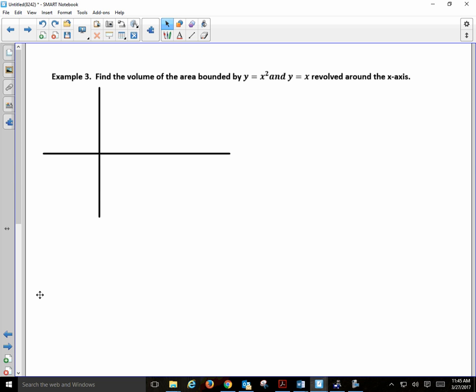The previous two problems require the use of the cylinder shell method, okay? This one, I have x squared and y equals x. And we're going to rotate that around the x-axis.